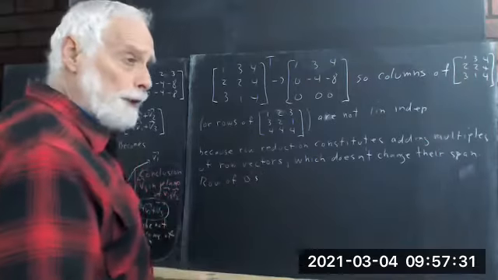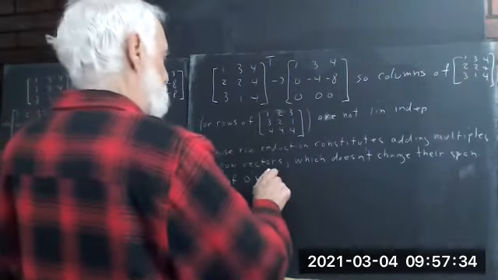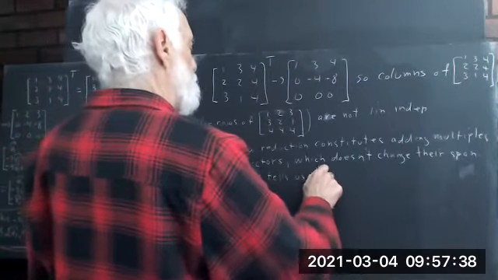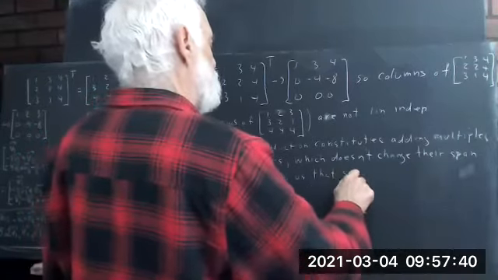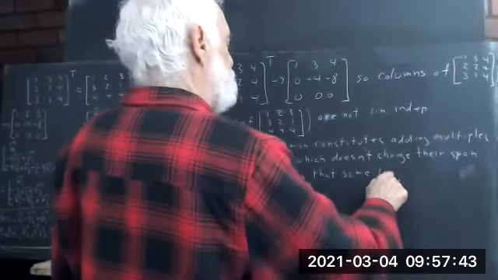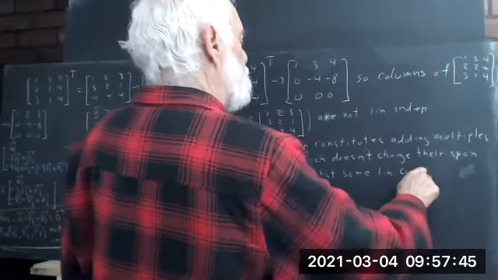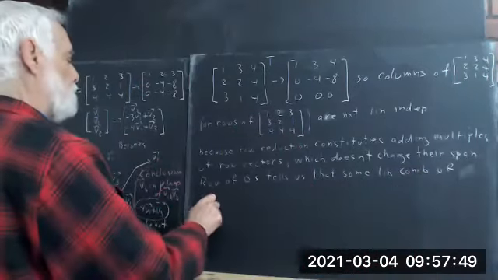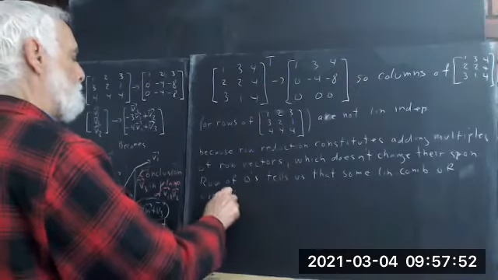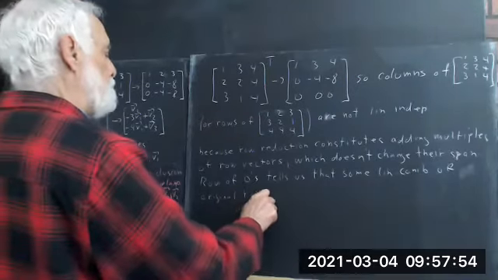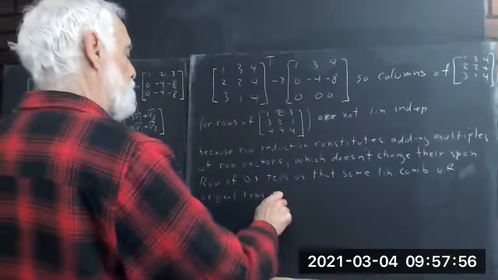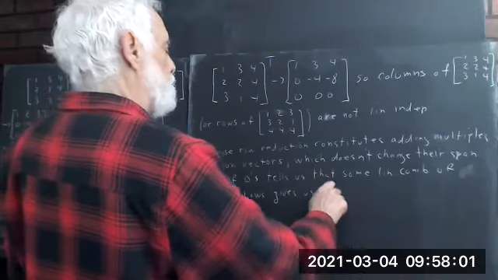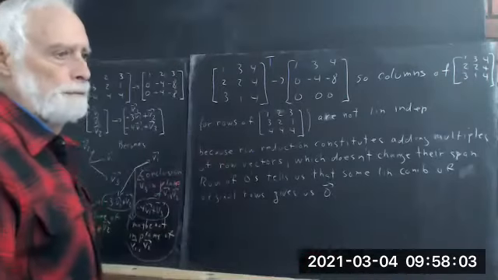A row of zeros then tells us it's some linear combination of the original rows that gives us the zero vector.